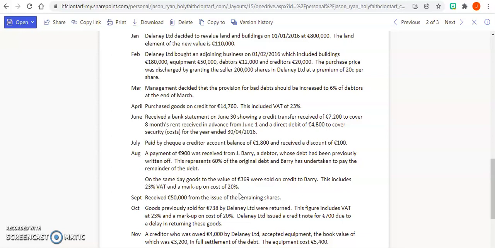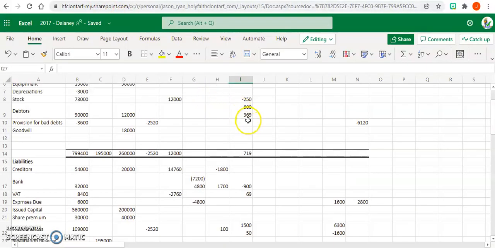So we calculated our stock to be 250. And we made a profit of €50 on that stock. So your debtors then are going to increase by 690. Your stock's going to go down by 250. Your VAT is going to go up by 69. And then your profit we made then of 50 then is going to increase your profit and loss account. And that's August completed then for Delaney.